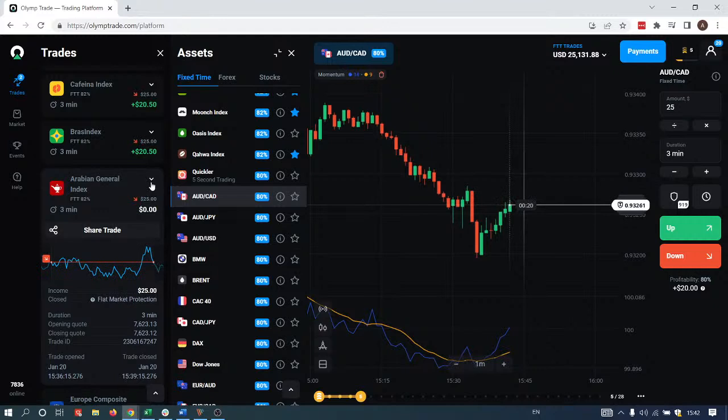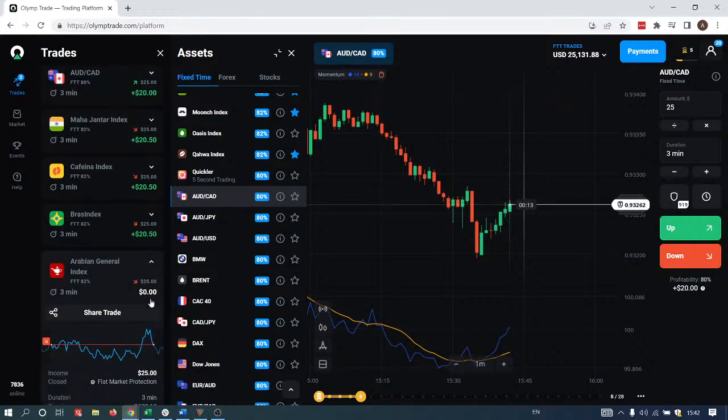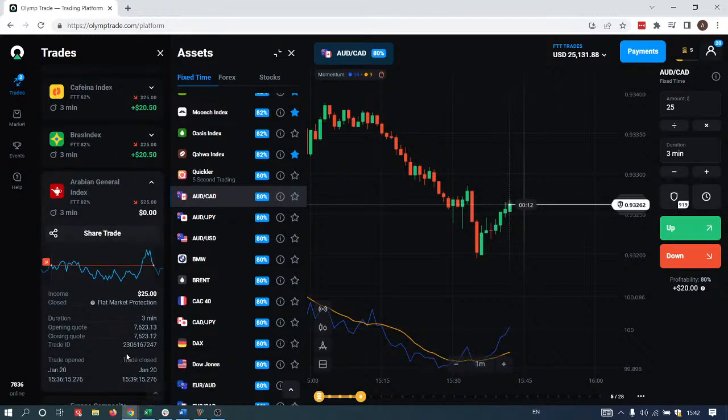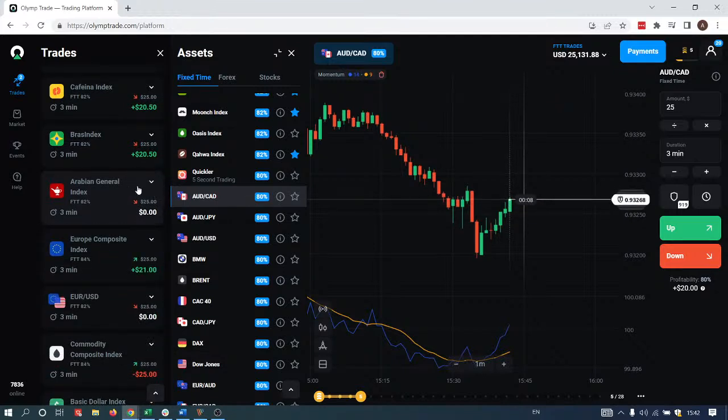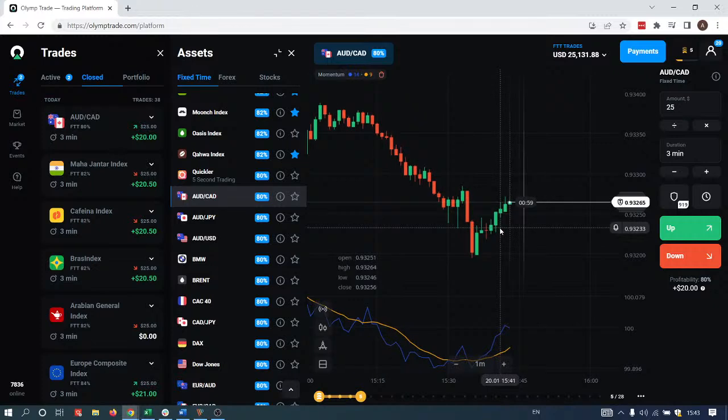So maybe I should disable this mode, because it seems that some of my trades would otherwise close with profit, and instead they closed with the refund. I don't know. Maybe next time I will try without it, but at the same time I like using this mode because it gives me a little bit more certainty, so I don't depend on that controversial closing situation, when it's 1 pip up or 1 pip down or the same pip.